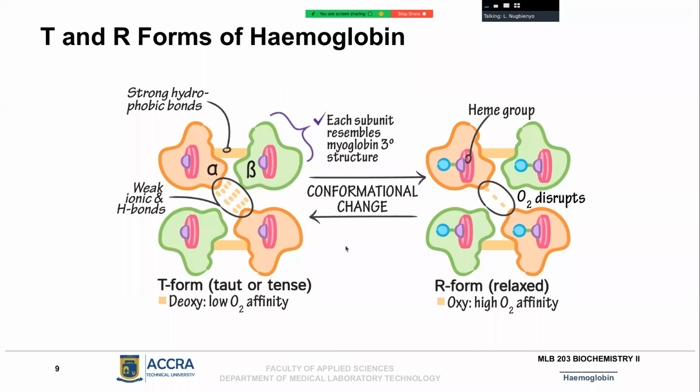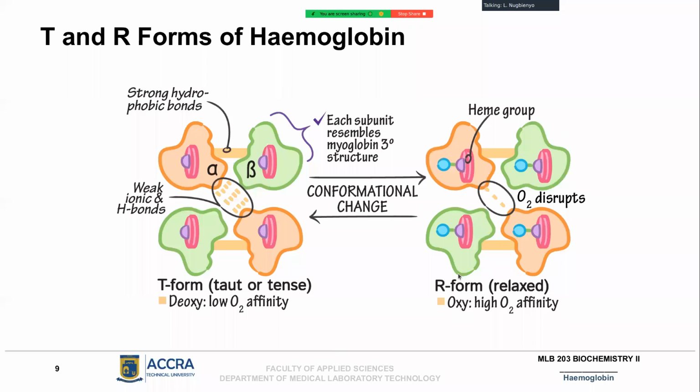So when you look at this pictorial representation, we have the heme part of hemoglobin being this middle part, which is red. So this is an alpha globin. This is also an alpha globin. This is a beta globin. This is the second beta globin. Then we have the oxy.